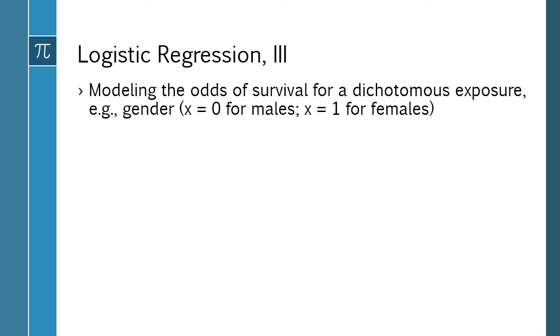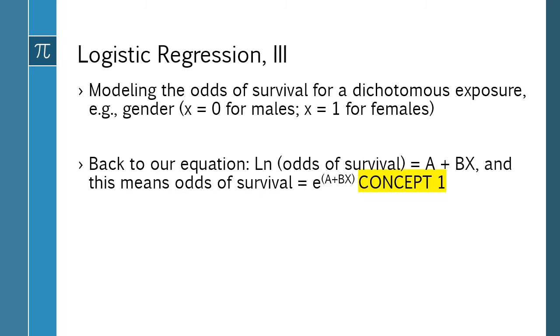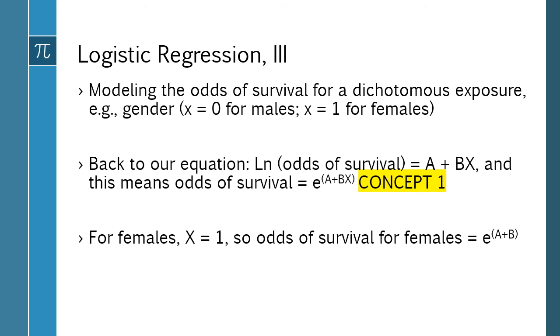So again, modeling the odds of survival for a dichotomous exposure gender, x equals 0 for males and x equals 1 for females. Then back to our concept 1, we have that ln odds of survival equals a plus bx, which follows that the odds of survival equals e raised to the power a plus bx. So for females, x equals 1.